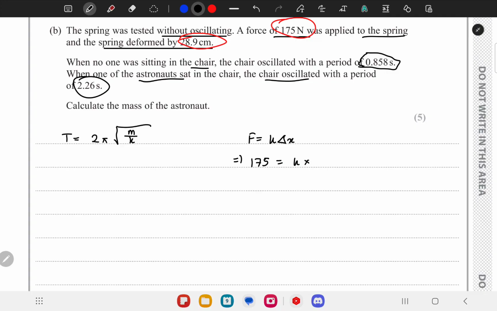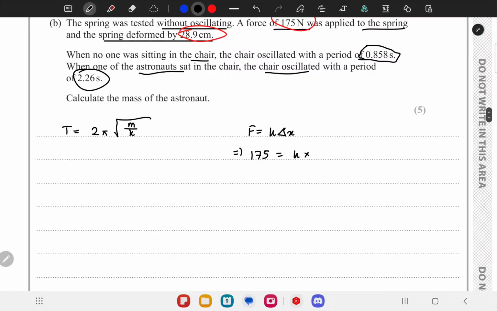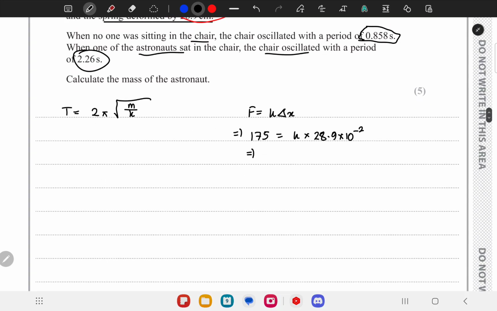We have to find k, and the change is 28.9 centimeters, which is 0.289 meters. So k would be 605.5 newtons per meter.